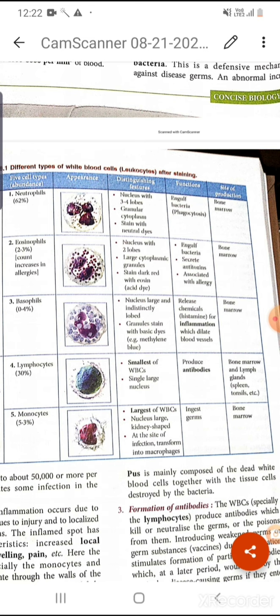The site of production is also bone marrow. Basophils have a large nucleus, and they release the chemical histamine during inflammation. Their origin is also bone marrow.